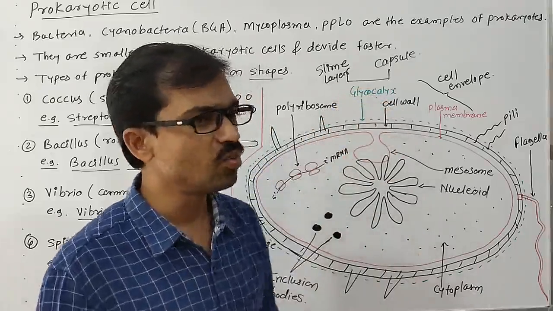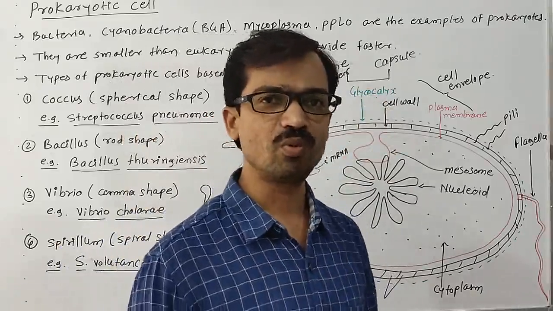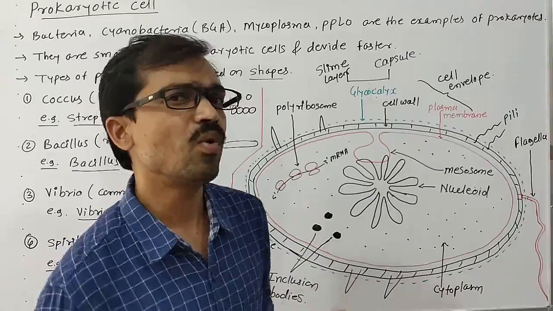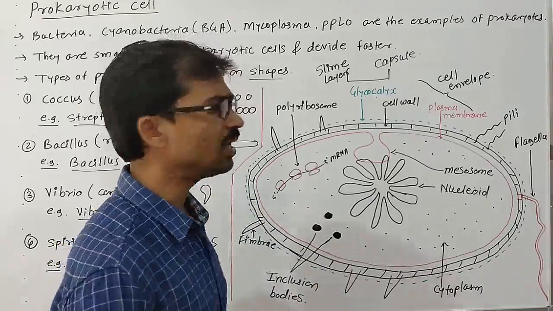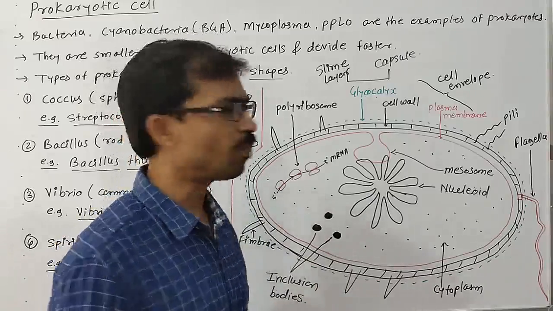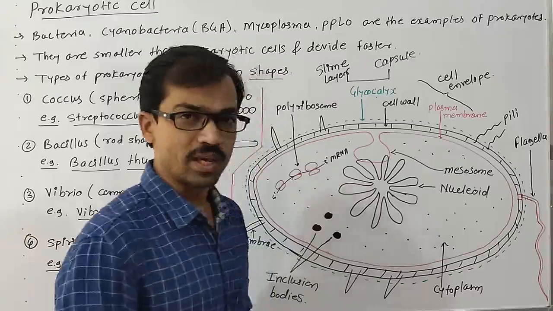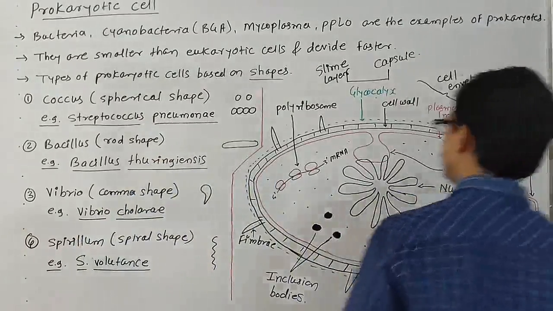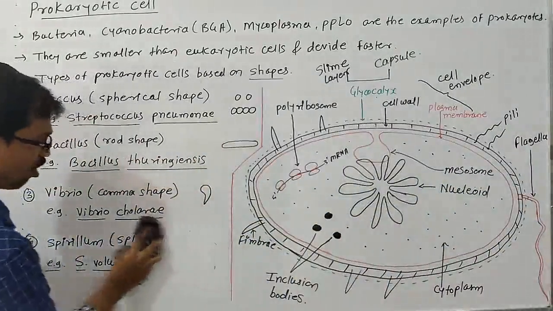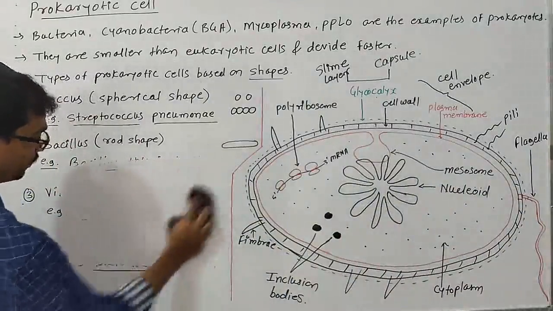And the cell wall is also made up of different types of polysaccharides. The most important polysaccharide present in gram positive bacteria is peptidoglycan. So we'll see the details of the cell wall here.